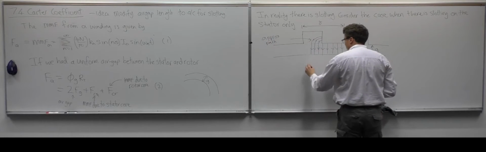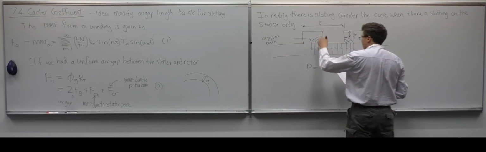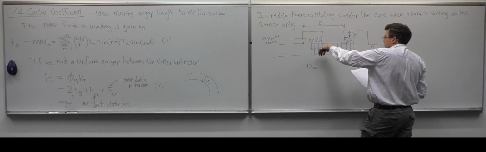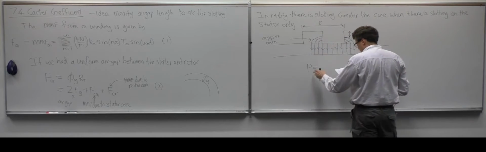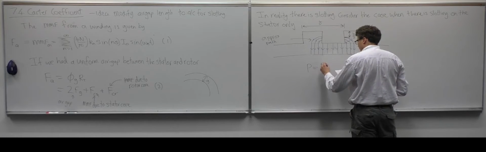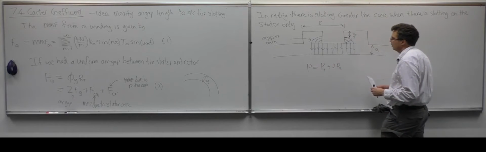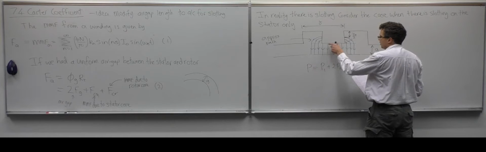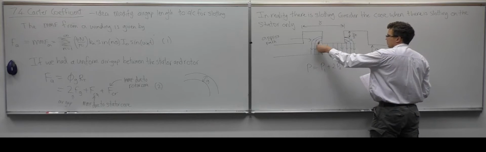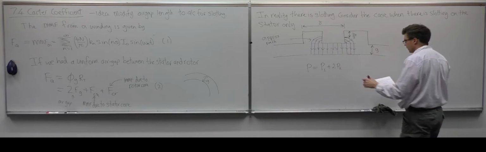Okay, so the total reluctance or permeance is going to be P1 plus 2 times P2. P1 is the flow down the middle, and 2 times P2 is the flows on the edges.